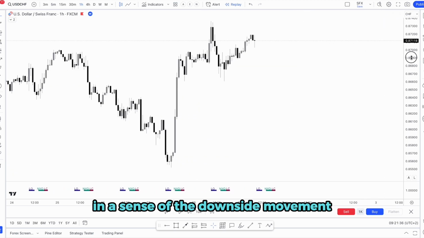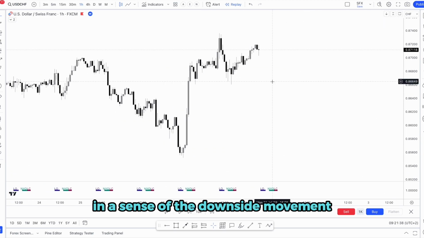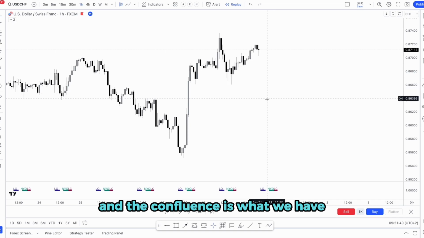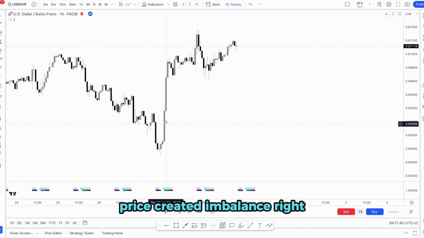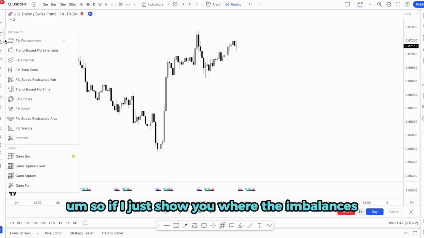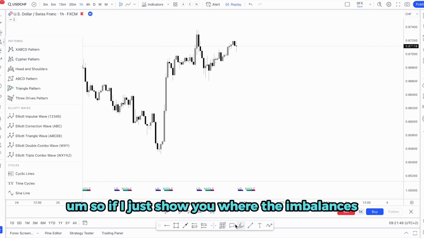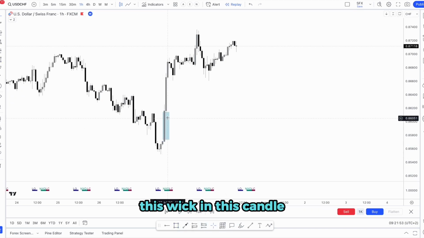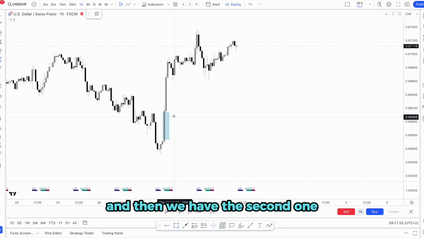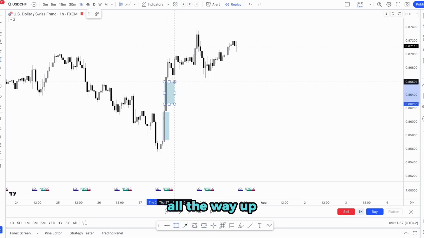Now, in terms of the downside movement, this is the confluence we have. With this movement to the upside, price created imbalance, right? If I show you where the imbalance is, we have one from this week to this week in this candle, and then a second one from this week all the way up.